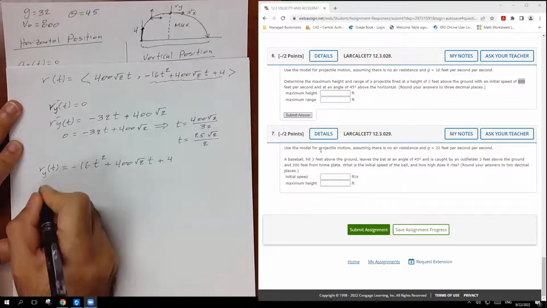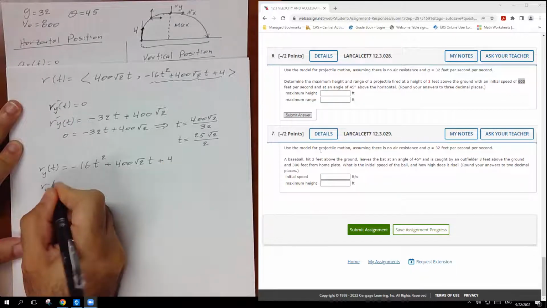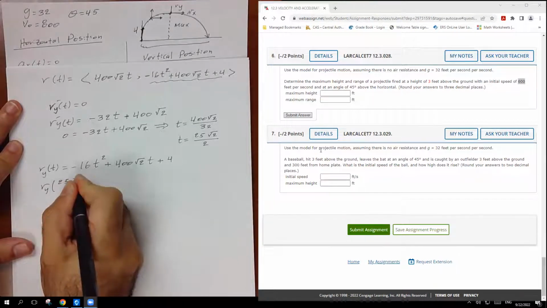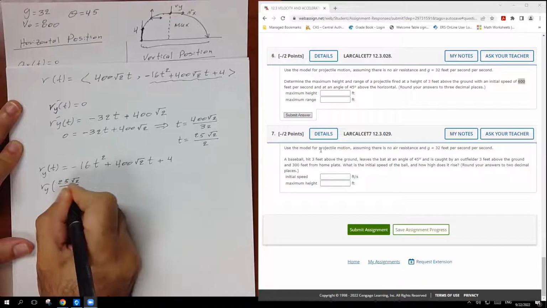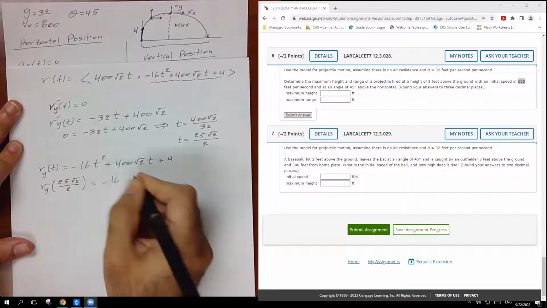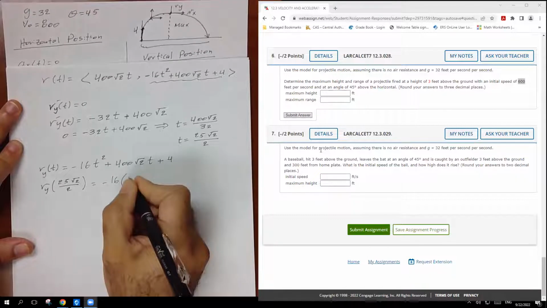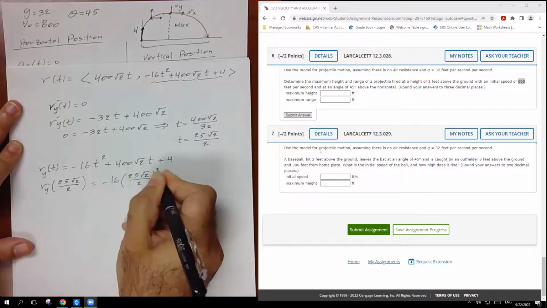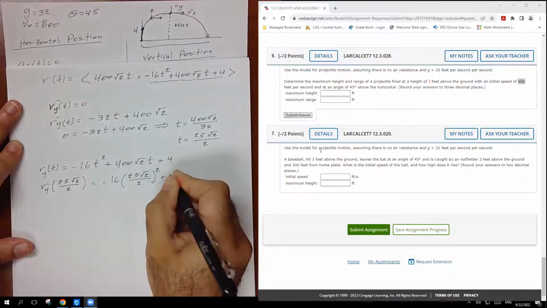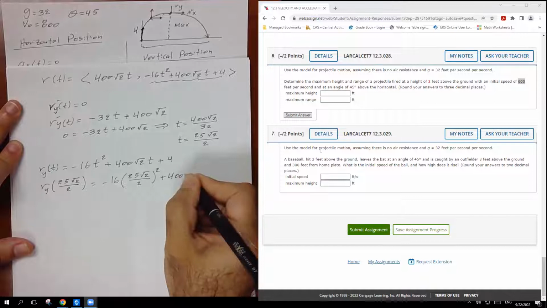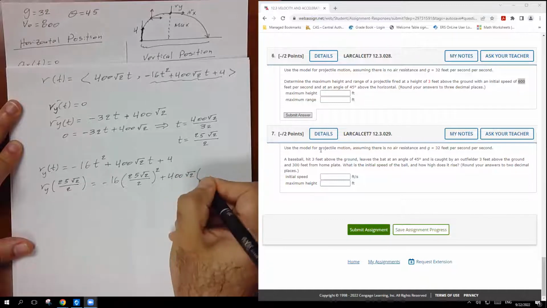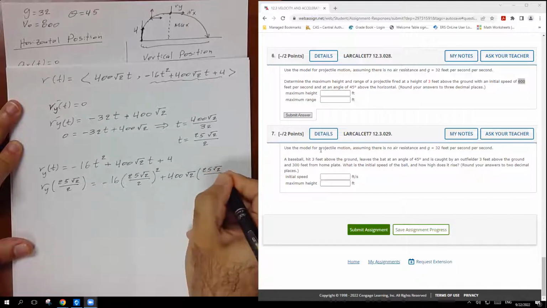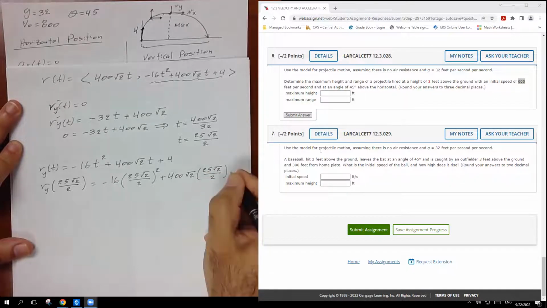So r sub y at t equals 25 square root of 2 over 2 equals negative 16 times 25 square root of 2 over 2 squared, plus 400 square root of 2 times t, which is 25 square root of 2 over 2, plus 4.